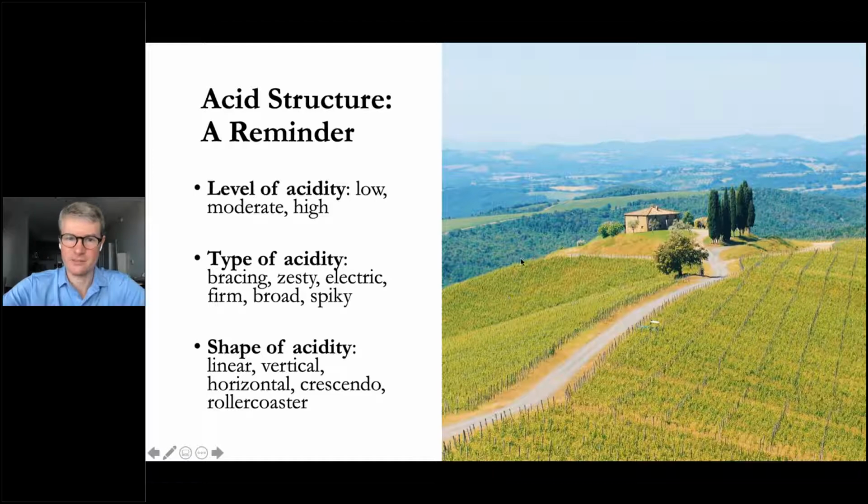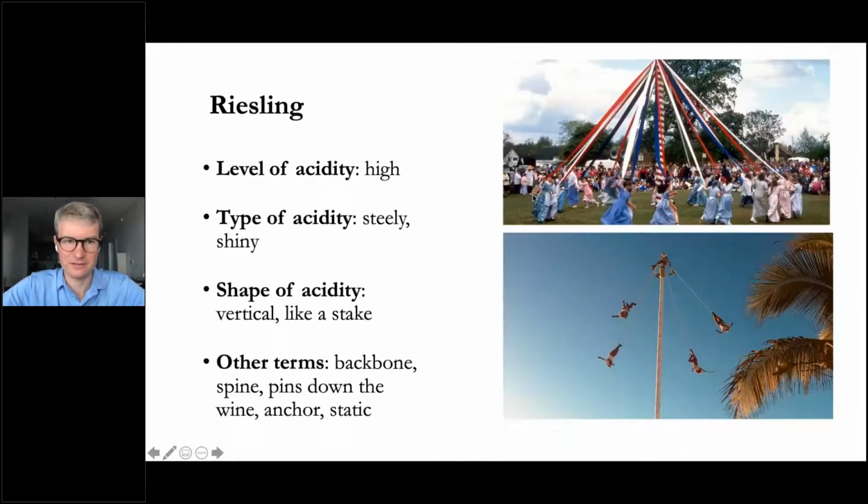So let's see what I came up with, because I can't even remember myself. Okay, here we go. So we discussed the level of the acidity being high. I don't think that's too controversial. The type of acidity. I repeat what I always say at this point, which is that you have to find the adjective which is meaningful to you, and I totally understand zesty and electric and all that.